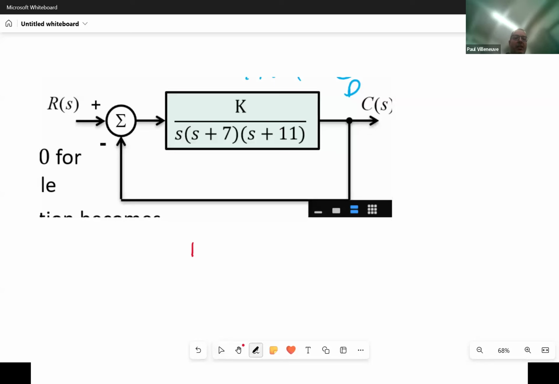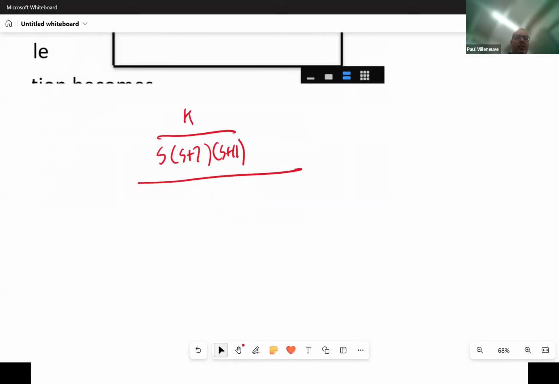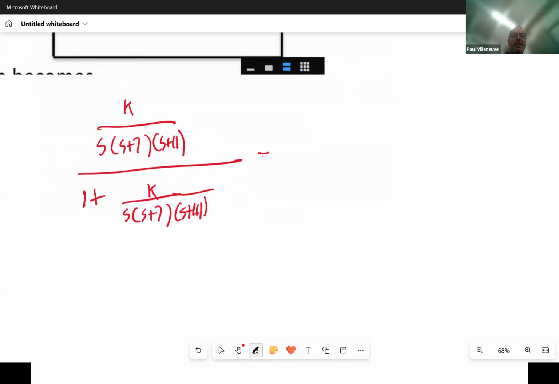So G is equal to K over s times s plus 7 times s plus 11. This is unity feedback, so H is equal to 1, all over 1 plus G times H, which is equal to 1. Invert and multiply. I end up with K over s squared plus 7s times s plus 11, plus K, right?